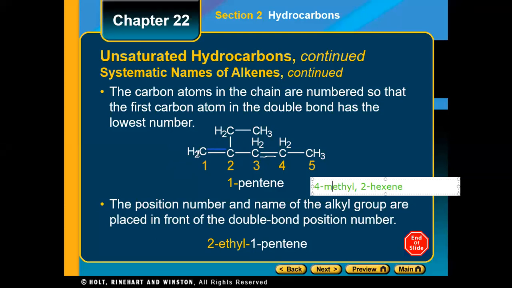By the way, the number of hydrogens also has to change, to 3. So this is going to be H3C. You might be wondering why H3C and not CH3.